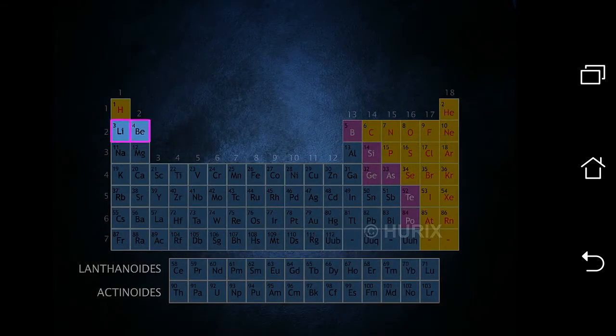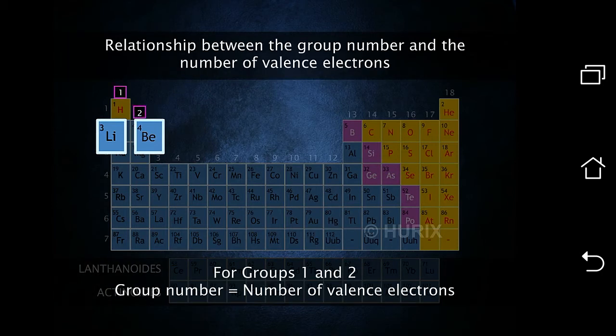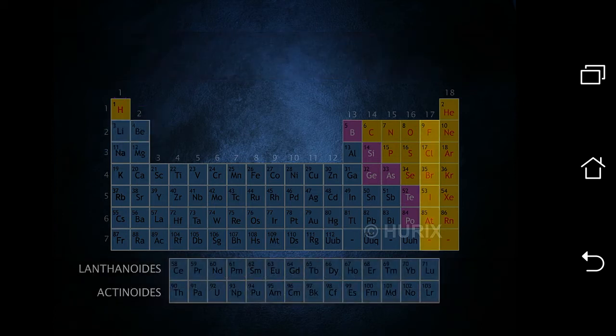Is there a relationship between the group number and the number of valence electrons? For groups 1 and 2, the group number indicates the number of valence electrons in an atom of a given element. Now, let's take a look at the electronic configuration of the elements of group 17, the halogens.